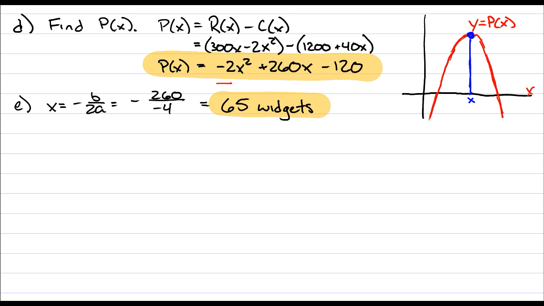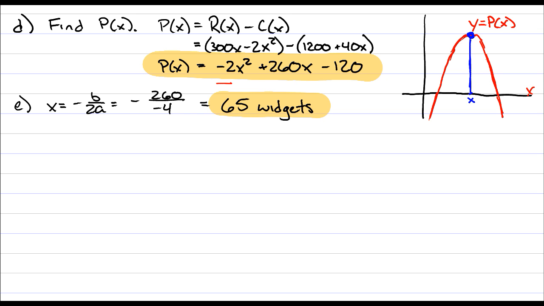It's worth noting that that is different than what we saw for largest revenue, which is kind of a strange phenomenon, that the production level which gives you the maximum revenue would not also give you the maximum profit, but it turns out to be true. Basically, the idea is if we go from producing 65 widgets to producing 75 widgets, our revenues are actually going to increase because our maximum revenue is actually at 75.